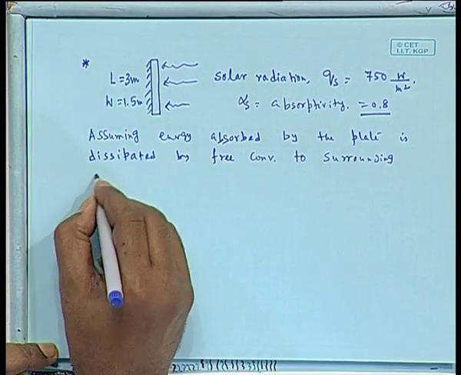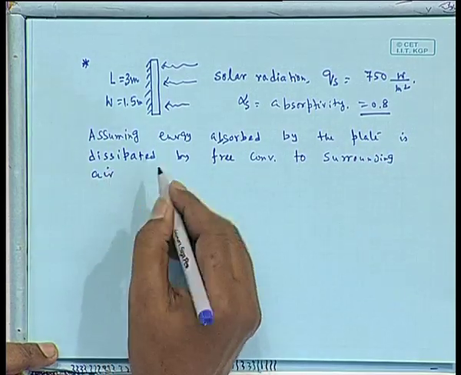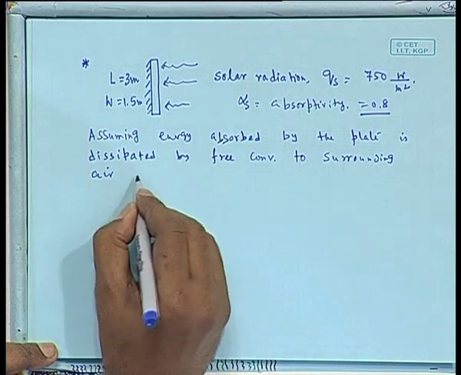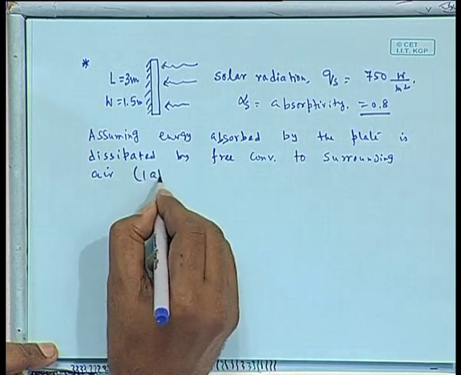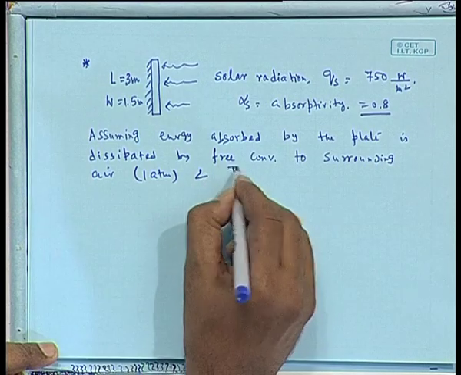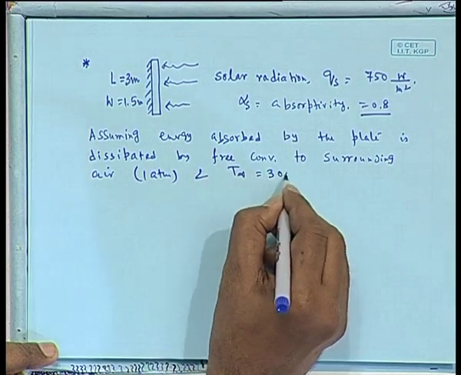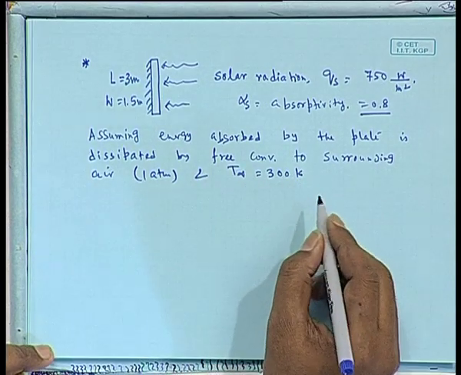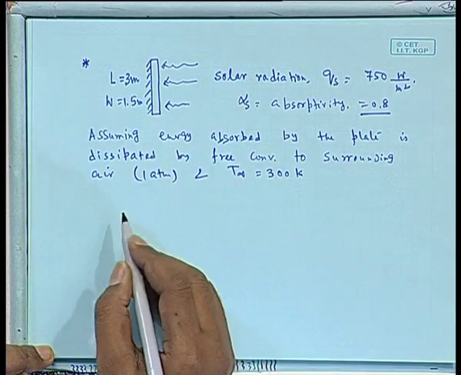air, that is stationary surrounding air at atmospheric pressure and normal temperature 27 degree centigrade, 300 Kelvin. Okay.